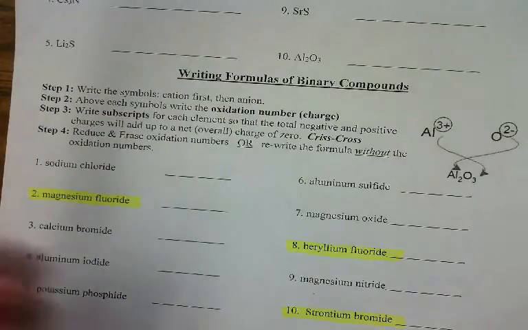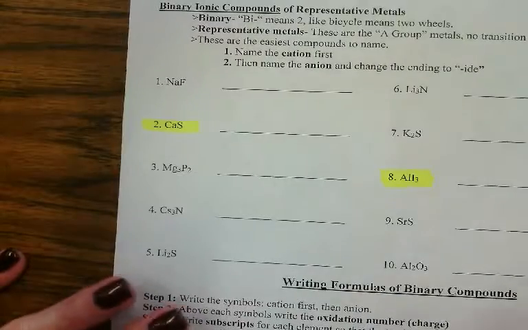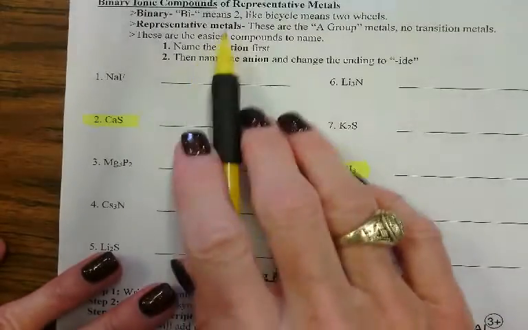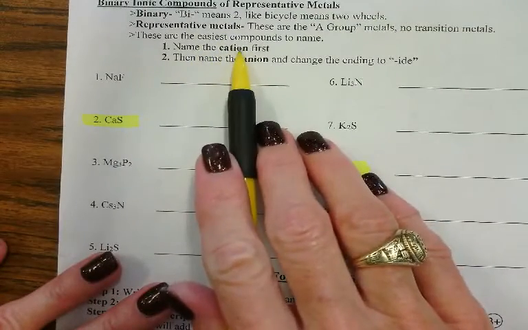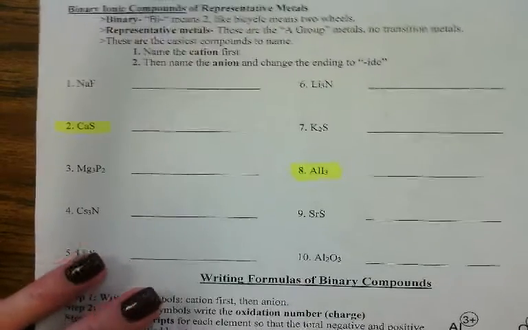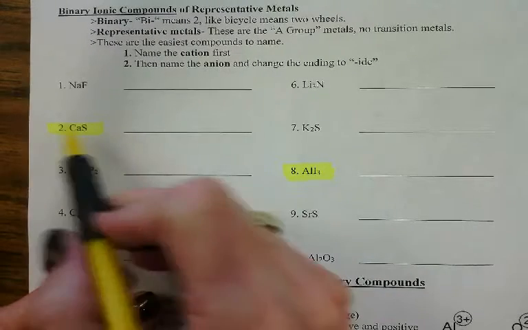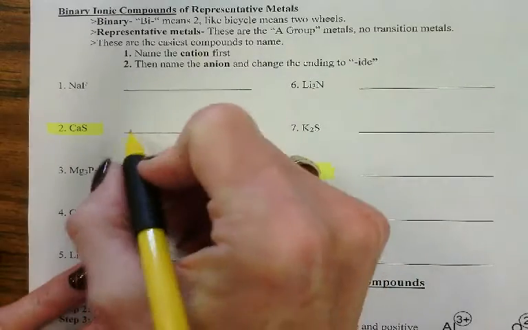Okay, let's do some formulas, right? Nope, naming first. So the instructions up here: name the cation first, which is a positive ion, and that will always be written first. Then name the anion, but change the ending to IDE. So Ca is calcium.